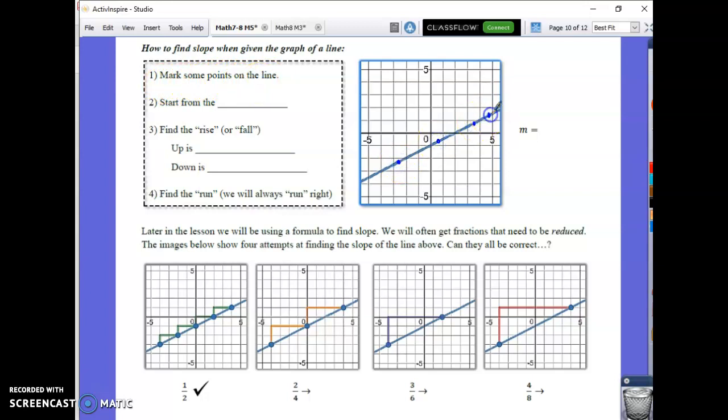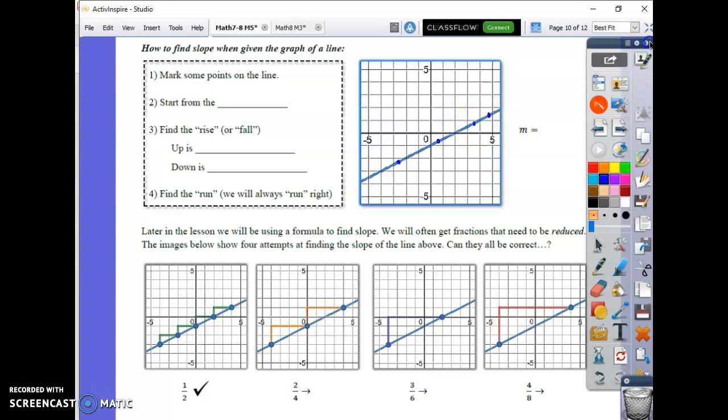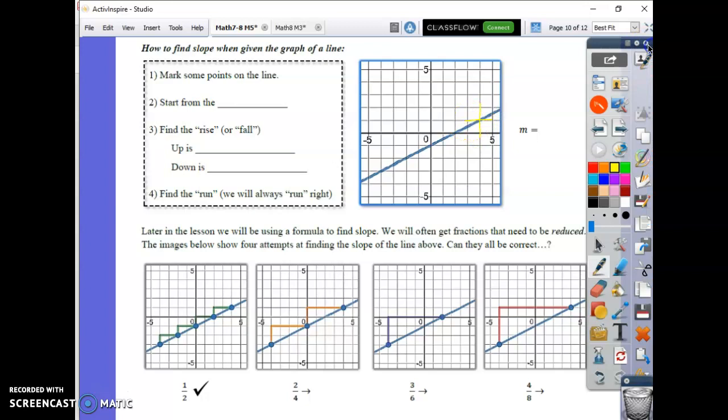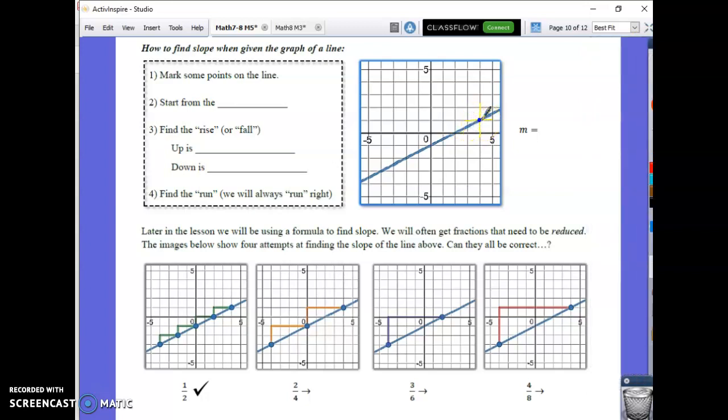You need to find a cross section where your y and your x lines meet and your graph crosses at that exact point. So this right over here is another good intersection. If we keep going down, right over here is another good intersection.